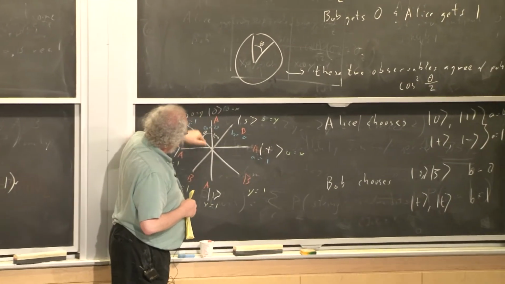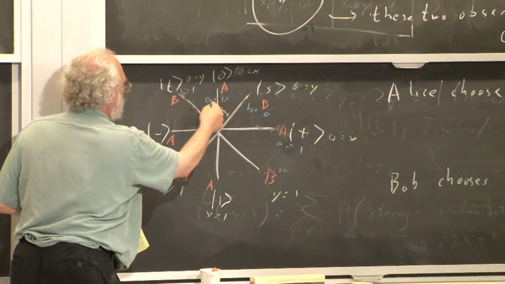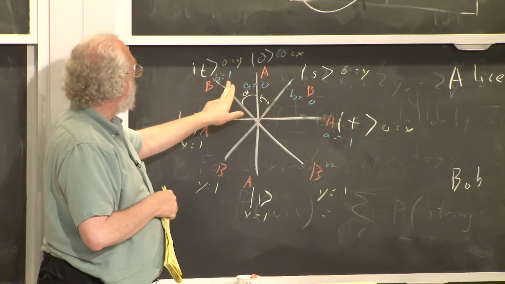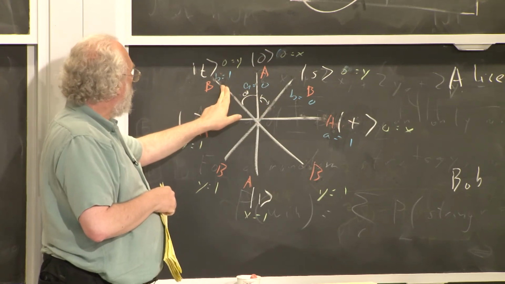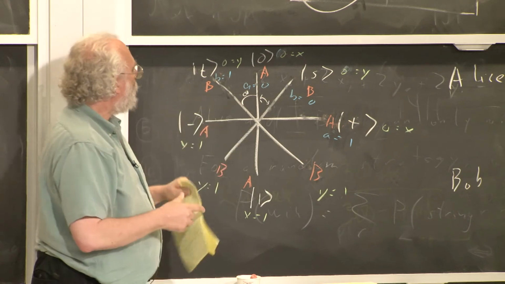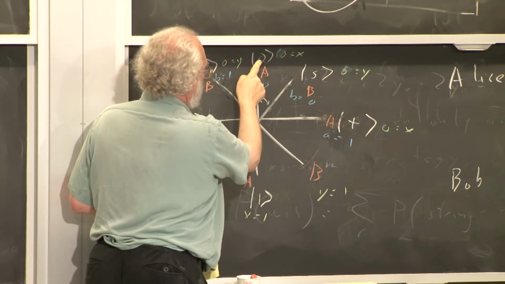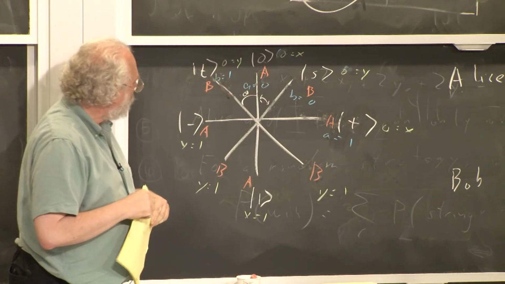But if Bob, if you measured these two observables simultaneously, the probability that they would agree would be cos squared pi over 4, which is 1/2. And we know that these two observables, if Alice measures 0 and Bob measures plus, they agree with probability 1/2.